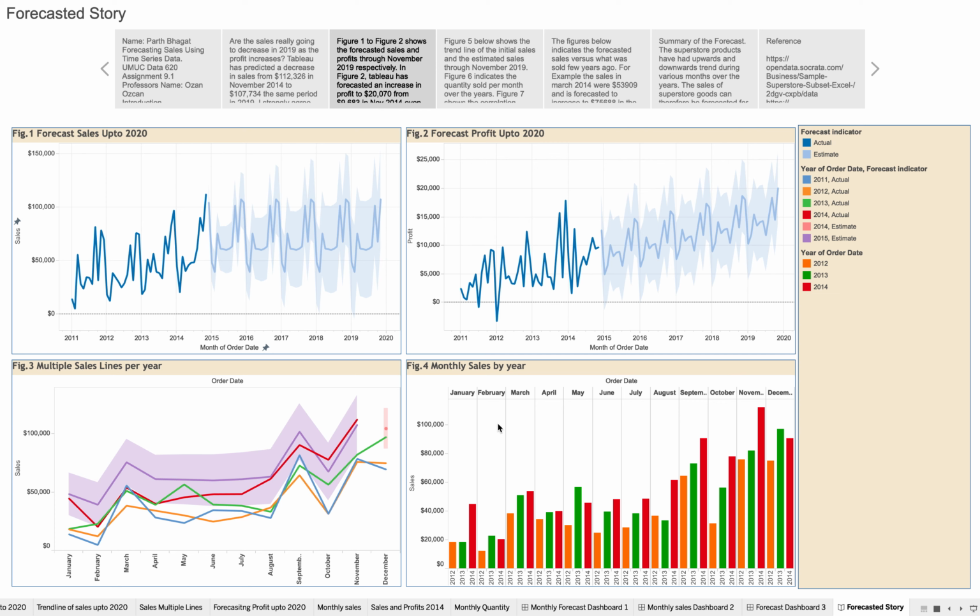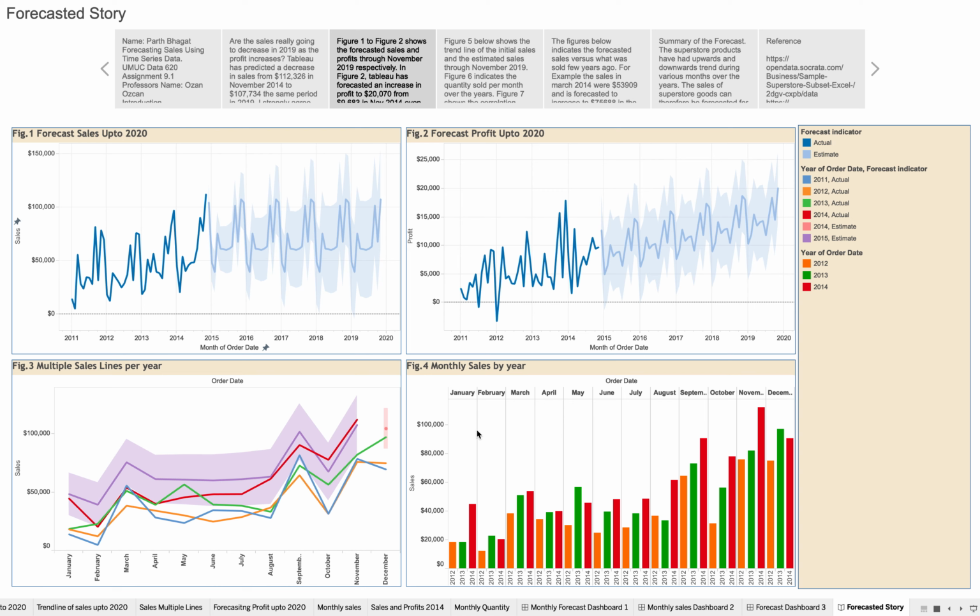And in figure 4, we have sales data by month for each year. So here we can see how the sales were in January 2012, or 2013 or 2014, during the January period.